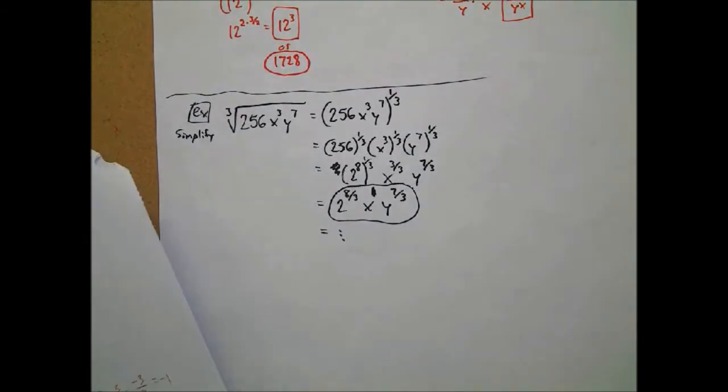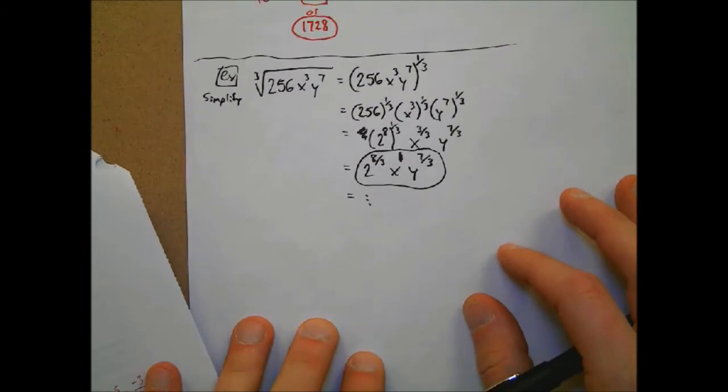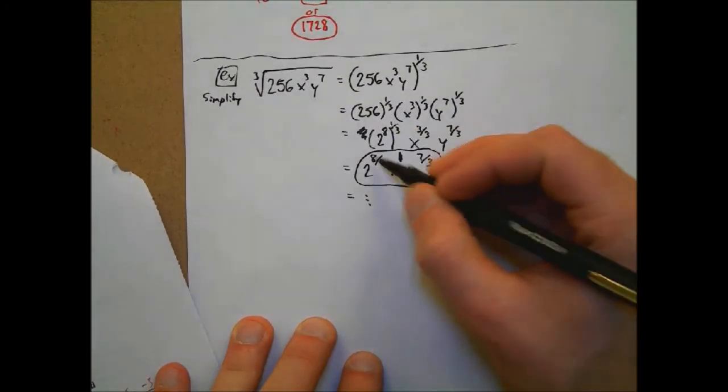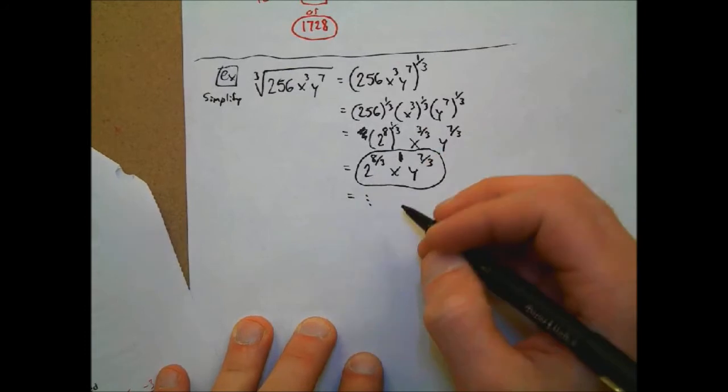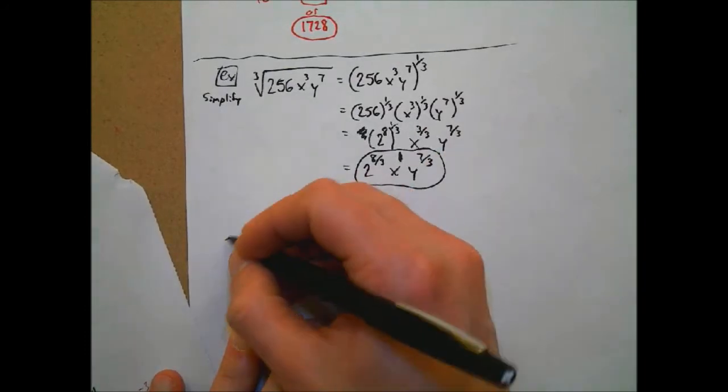All right, so because we simplified everything we pretty much could, but we can do some stuff here with these improper fractions. All right, I'll show you one more here, and then I'll get you guys started on your assignment.